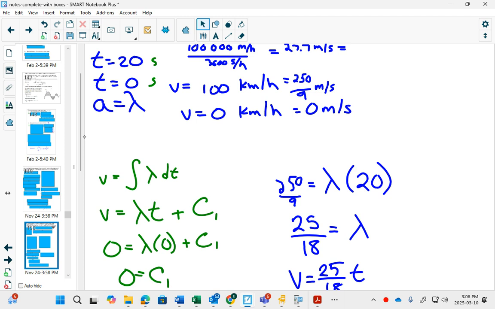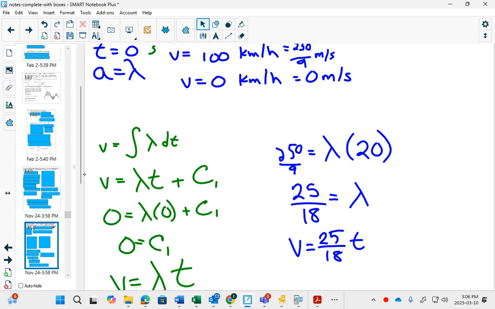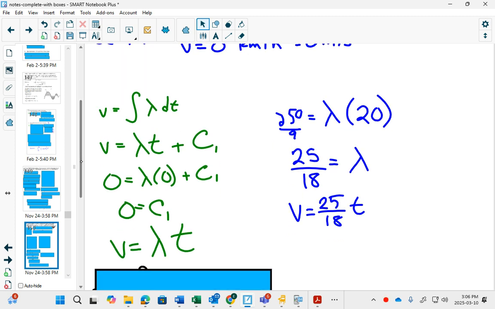I can actually calculate the acceleration this vehicle is doing: 25 over 18 meters per second squared. And that allows me to write my velocity equation with just numbers.